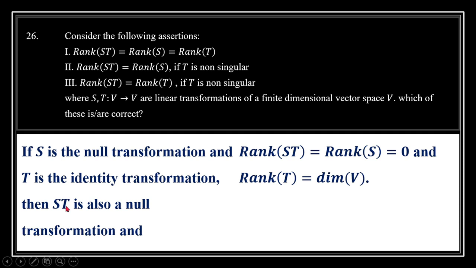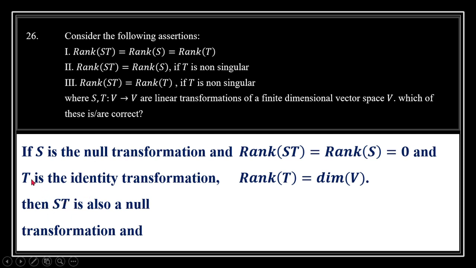So in this case, as S is the null transformation, its kernel is V itself. So its nullity is equal to dimension of V, and its rank is equal to 0. So similarly, rank of ST is 0.